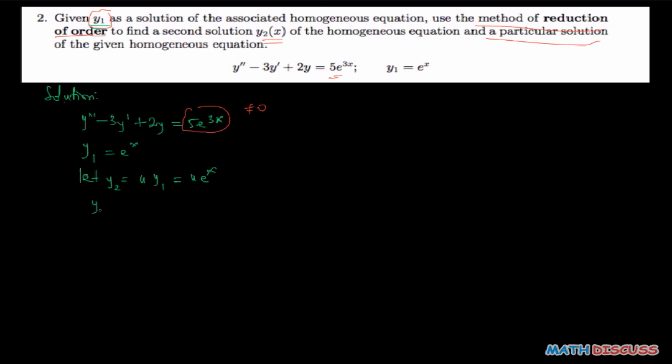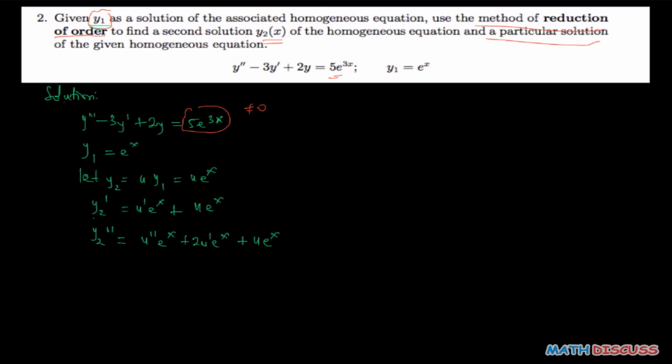So we have y2 prime to be u prime e to the power x plus u e to the power x, and then y2 prime prime, I'm going to skip steps here, is u prime prime e to the power x plus 2u prime e to the power x plus u e to the power x.